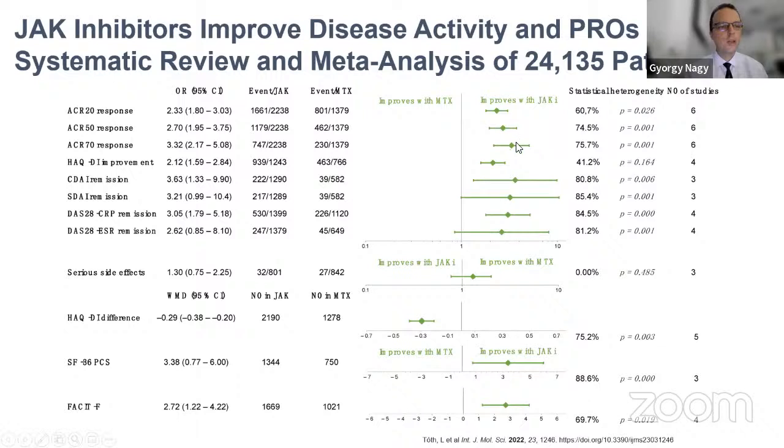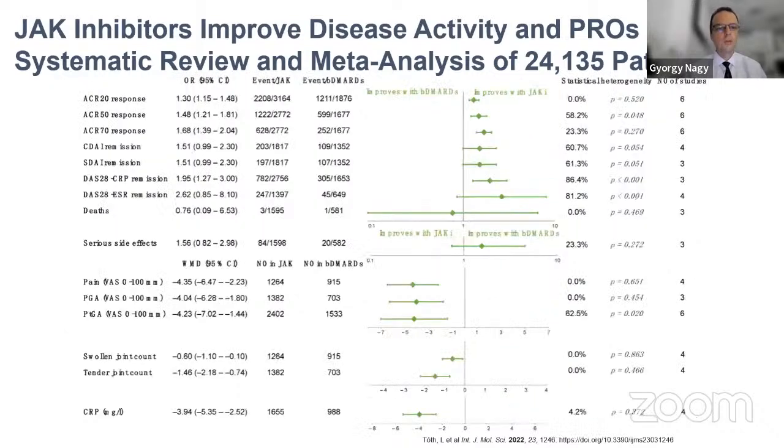Again, we have much better ACR 20, 50, 70 responses and DAS responses and so on. And we also had a much better response than methotrexate in terms of HAQ response and also in terms of SF36 and FACIT response, which are patient-reported outcomes.